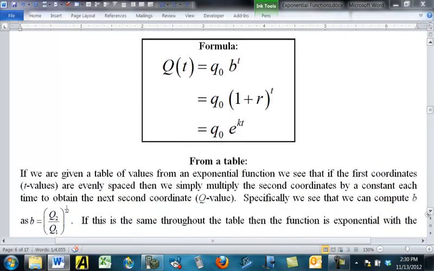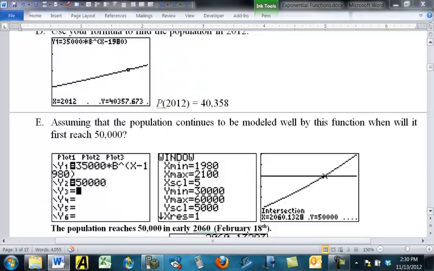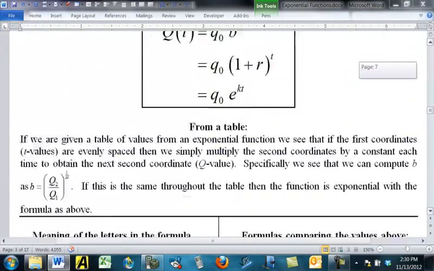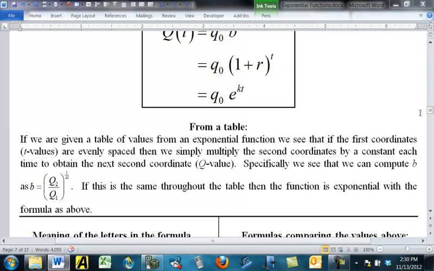Okay, so from a table, if we're given a table of values, if the first coordinates are evenly spaced, then we simply multiply the second coordinate by a constant each time to obtain the next second coordinate, or q value.